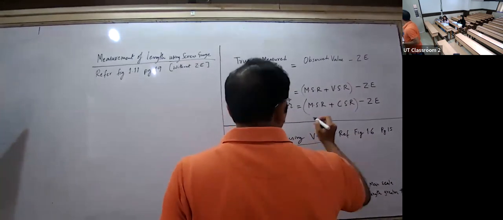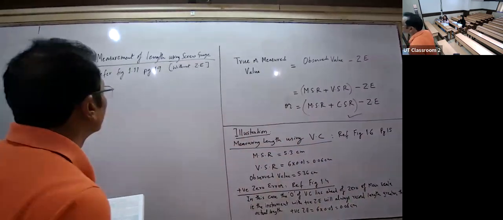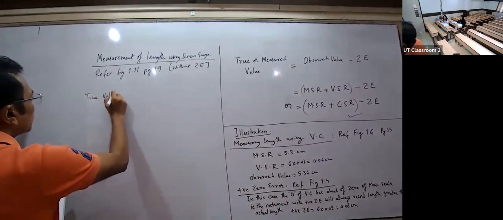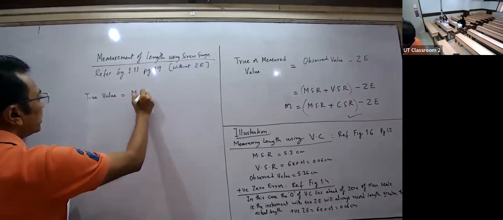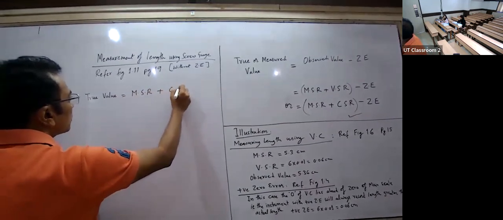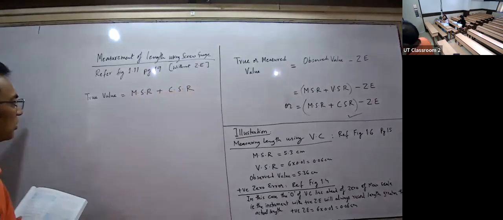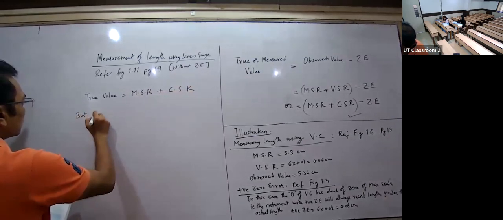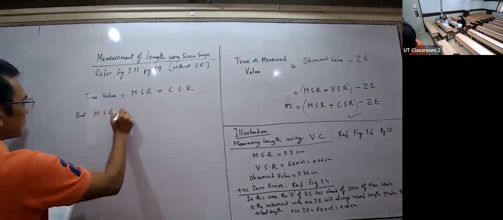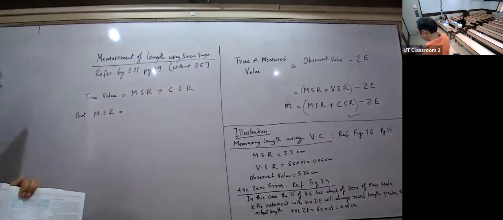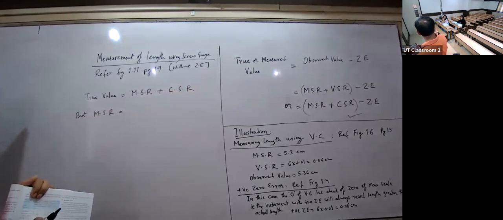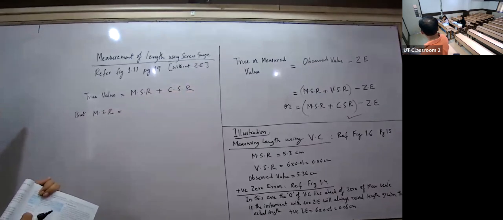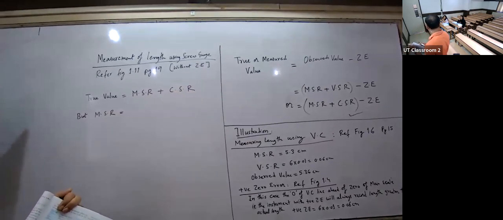Okay, this formula we are using, so this is the true value: main scale reading plus circular scale reading. The main scale reading is whatever is shown on the main scale. So what is shown? 2 millimeter, which is 0.2 centimeter, right?